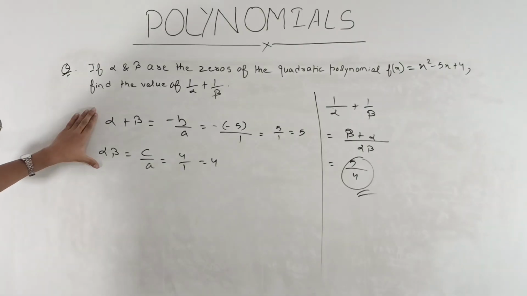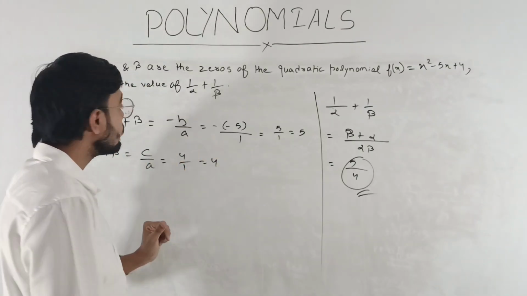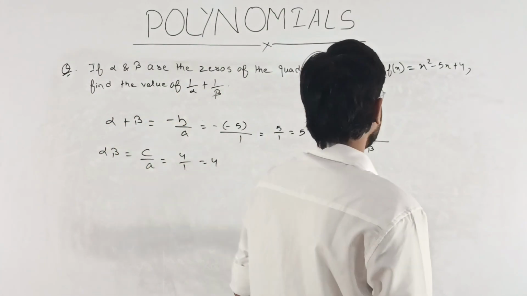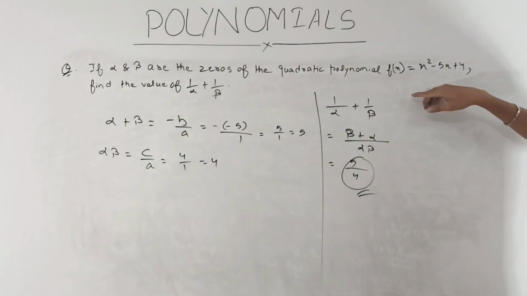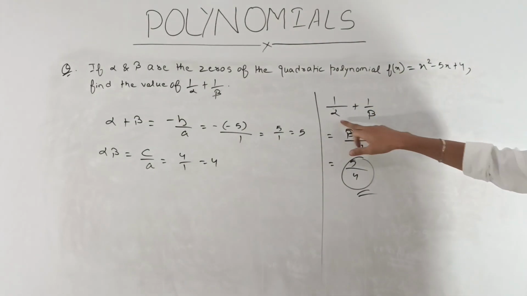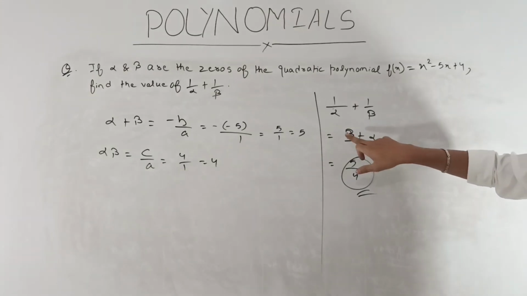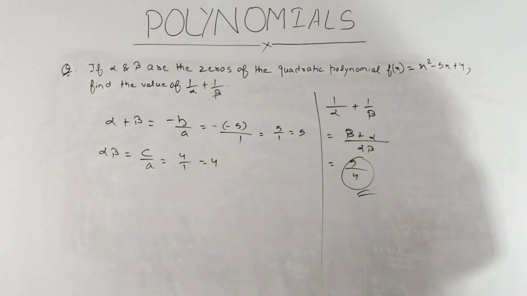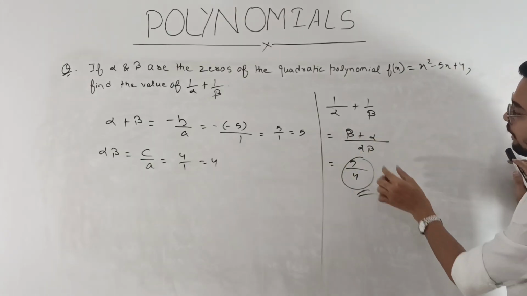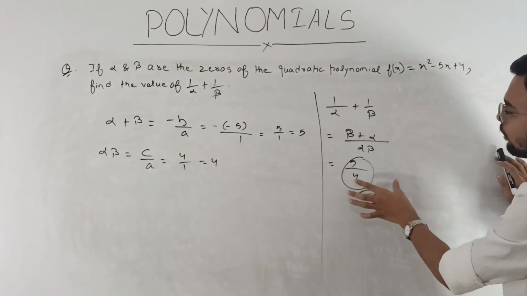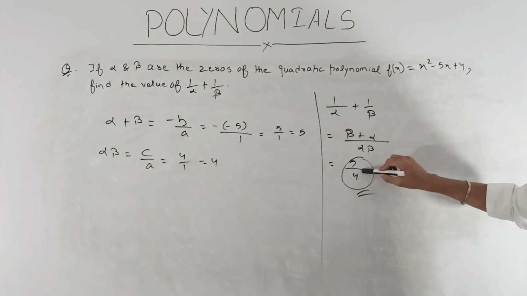After finding this, I read the next part of the question: find the value of 1 upon alpha plus 1 upon beta. Then I take the LCM alpha beta, with beta plus alpha in the numerator. Now alpha plus beta is 5 and alpha beta is 4, so my required answer is 5 upon 4.